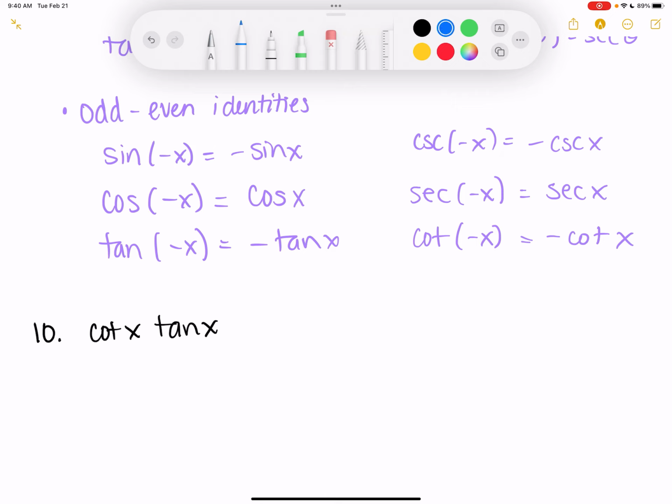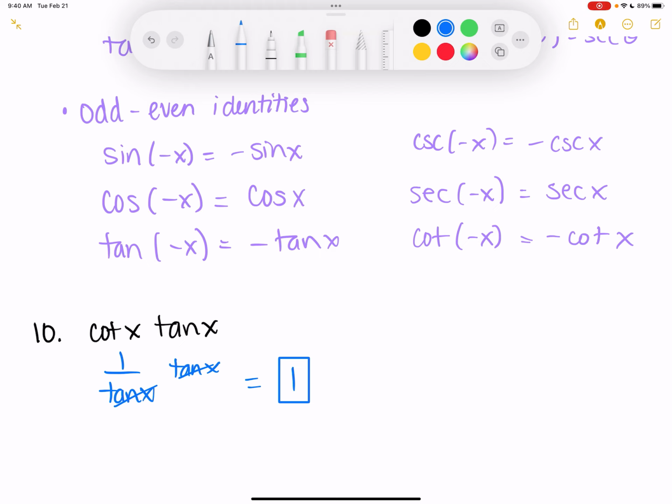Maybe you could change cotangent of x with 1 over tangent of x. Yep, 1 over tangent of x times tangent of x cancels, equal to 1. You could have also done cosine of x over sine of x times sine of x over cosine of x, and then everything would have canceled that way as well, but this was the simpler way to do it.